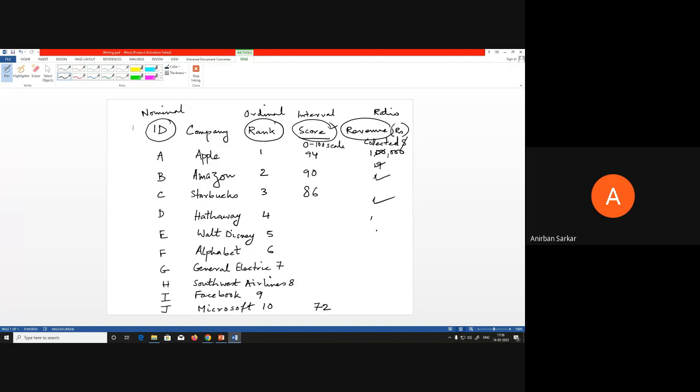Here it may be $95,000. So whatever dollars you have collected in revenue have a true 0. The origin is true. But here we are using a 0 to 100 scale. This 0 is arbitrary. It is not true.